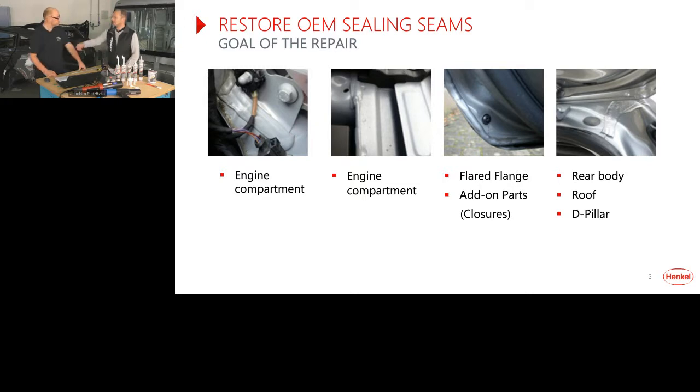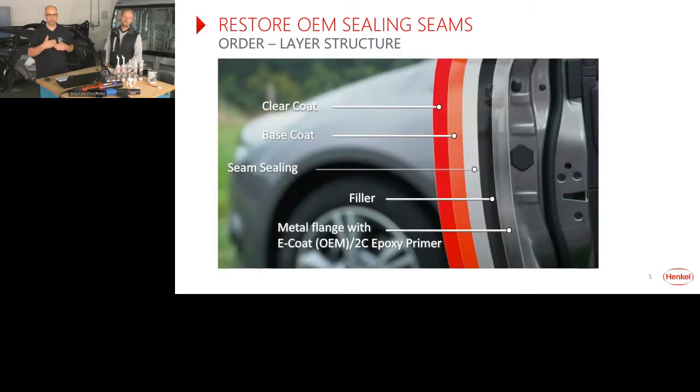Okay, but don't stop. Go ahead and tell us what's going on with this. So we would like to start from the beginning. When the metal sheet work is done, the car has been repaired and it comes to sealing, we have to follow a certain way to build up the next layers. When we have an E-coated panel, which is a spare part, mostly black, this then has to be coated with a 2K epoxy primer.